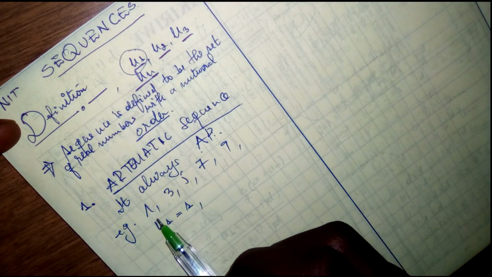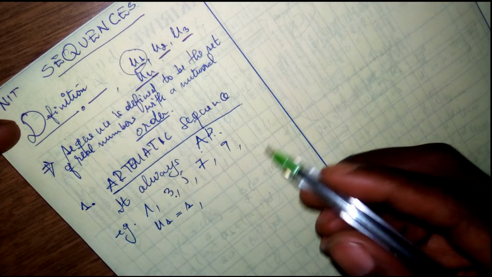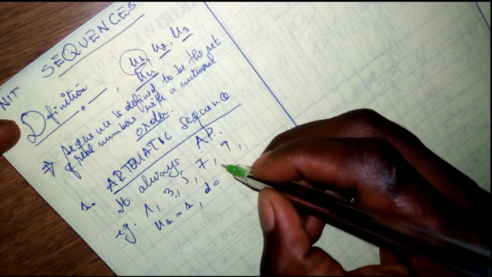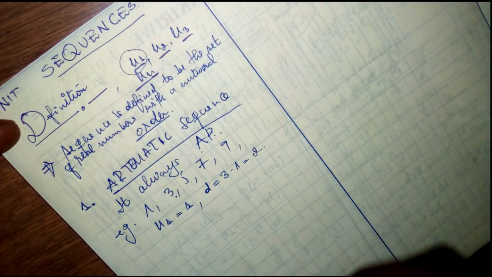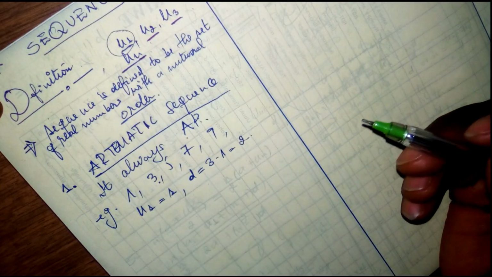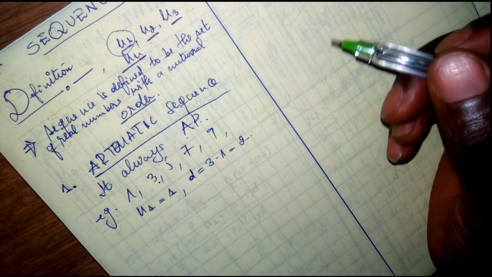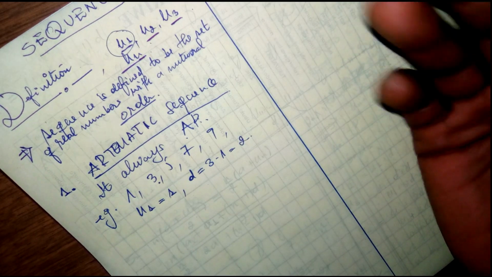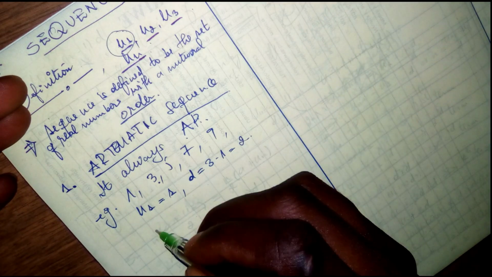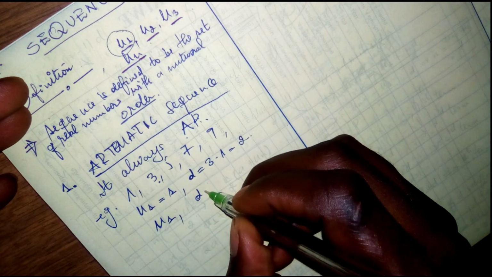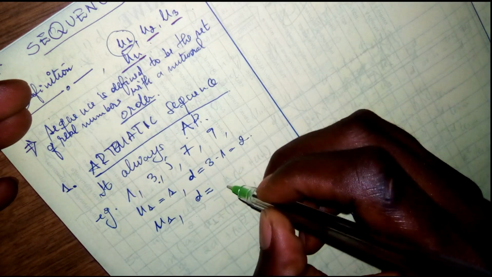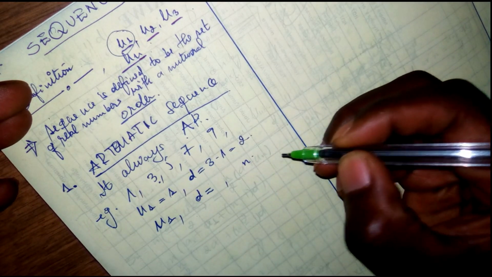And according to the next number, we have the difference, which is equal to 3 minus 1, and this is equal to 2. So as you can see here, an arithmetic progression or sequence is determined by the first term, common difference, and the number of terms.